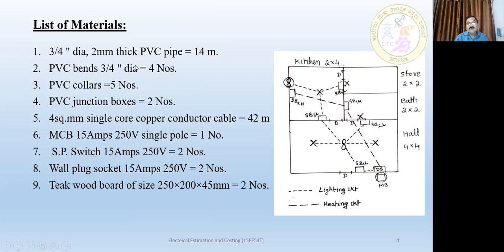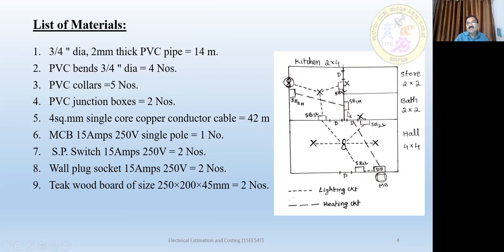I have taken 4 numbers. See here, at DB we have to use 1 PVC bend. It goes from wall to ceiling and takes a turn, so there we use a PVC bend.